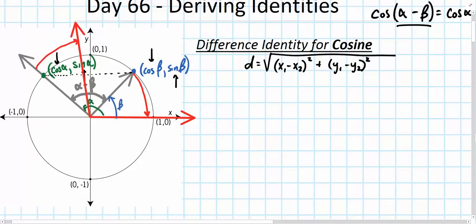What I've hoped to preserve with this is the distance between this data point and this data point. If I measure the distance along this dotted line, it will be exactly the same as the distance between this green point and this blue point.